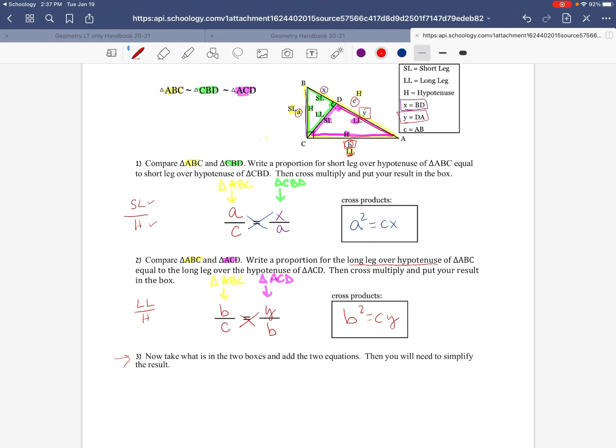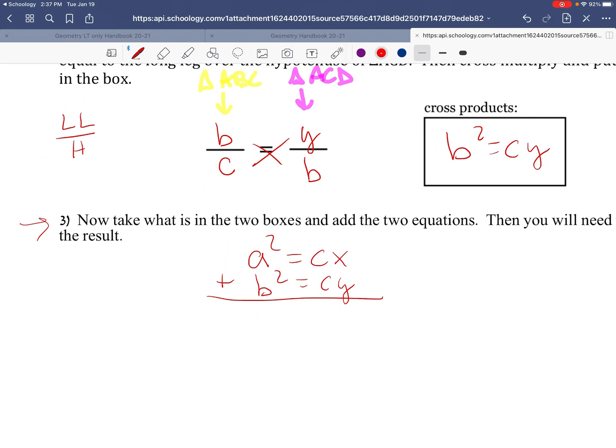So we have a squared is equal to cx, b squared is equal to cy, and I'm going to add these two equations. Over here I get a squared plus b squared. Over here I get cx plus cy. You can see the common c in both, so I'm going to distribute out a c and get x plus y.